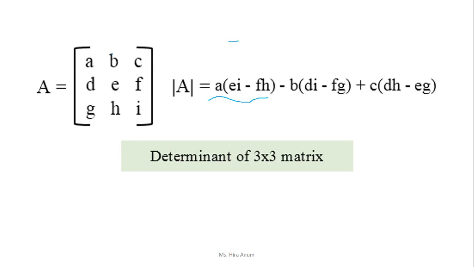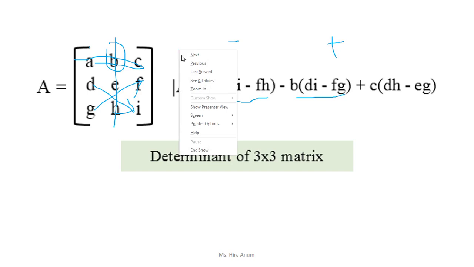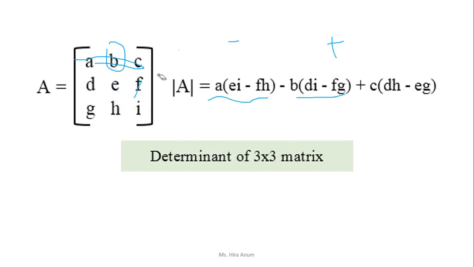Now you take B, you ignore this row and this column. You multiply D with I minus G with F, like this. Then add the sum of the formula. Before this you raise these lines.